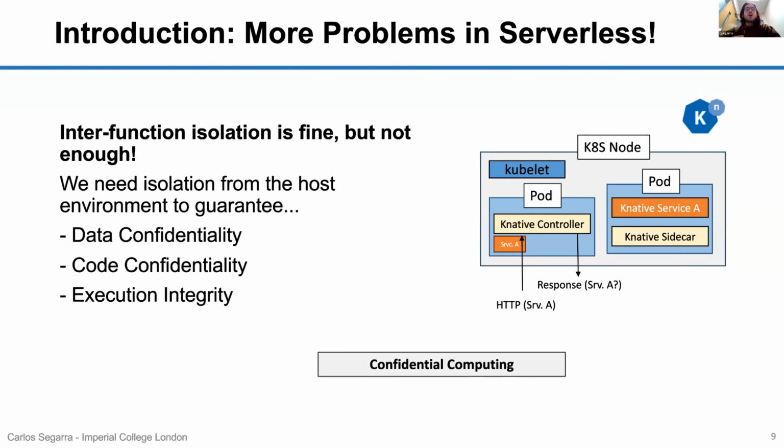To guarantee data confidentiality, code confidentiality, and execution integrity, we use confidential computing. Confidential computing allows the creation of hardware-protected areas in the main processor that we call enclaves, where the data and code executing therein are protected from any other higher privileged software running on the same physical node.